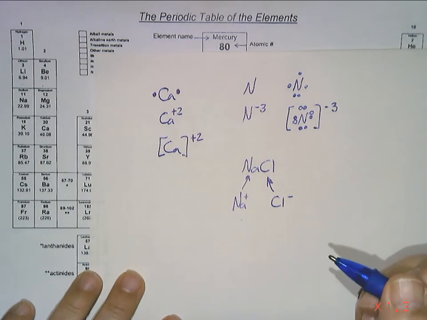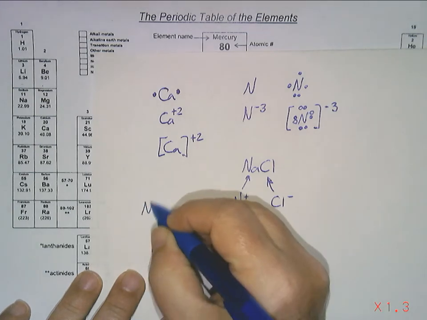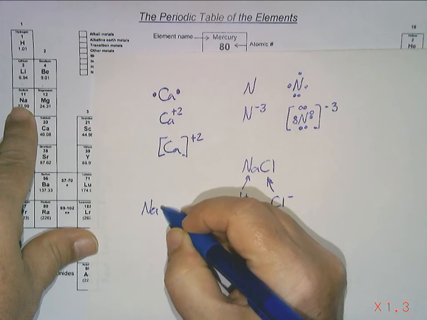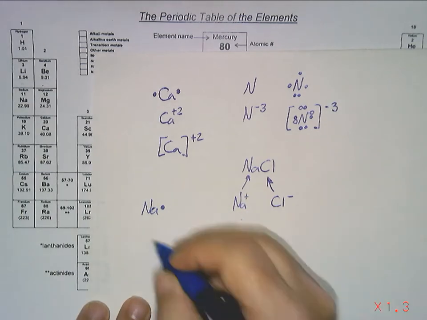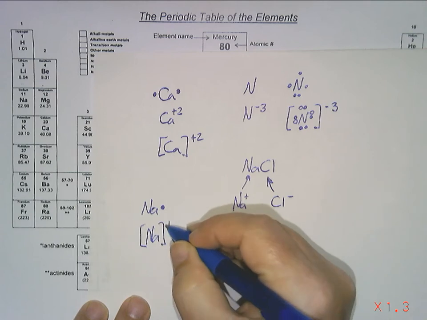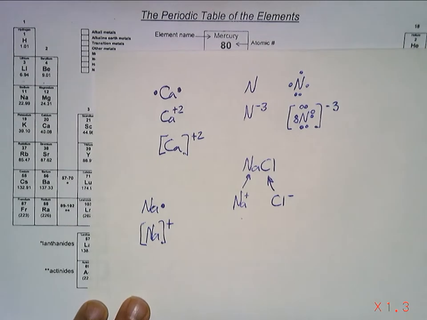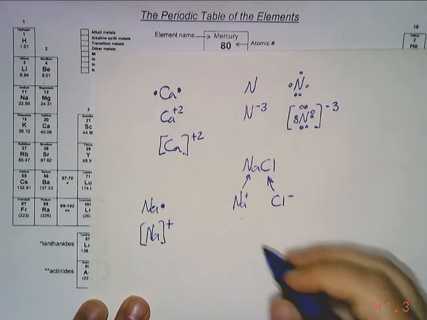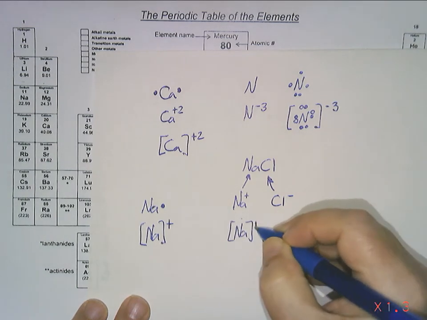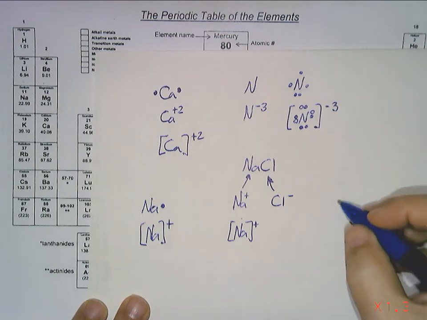Now what's the Lewis structure for a sodium ion? A sodium atom has got 1 dot on it. And a sodium ion will be that with the dot stripped off. It's got a plus charge on it, so I'll write the Lewis structure down like that. Now how about the chlorine ion?